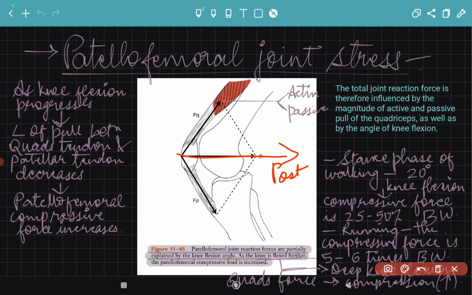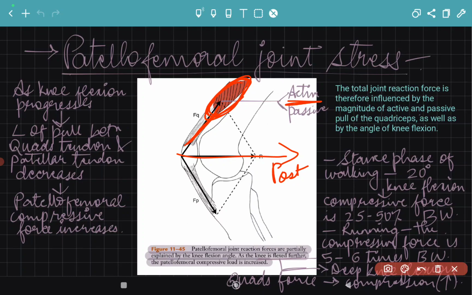And if there is active contraction of the quadriceps, the pull will be summated, that is the elastic pull of the tendon during the knee flexion, plus the force exerted by the quadriceps muscle will add on.